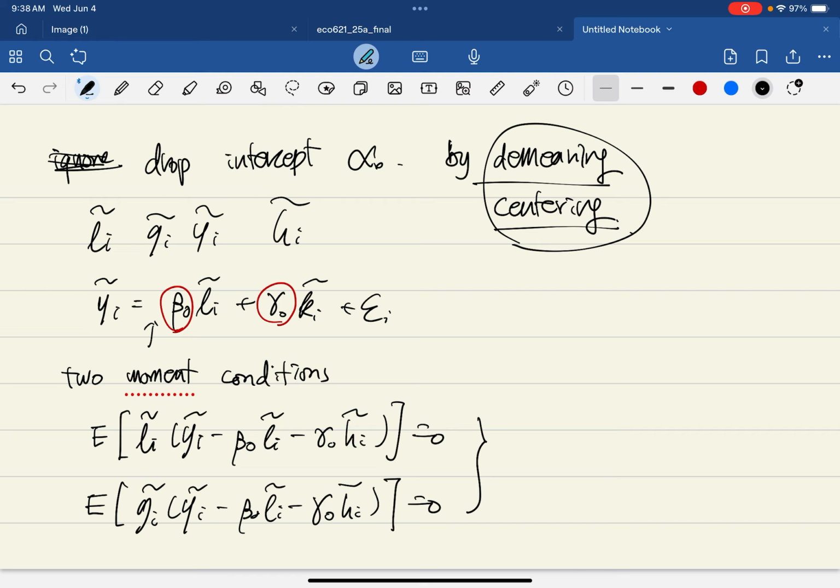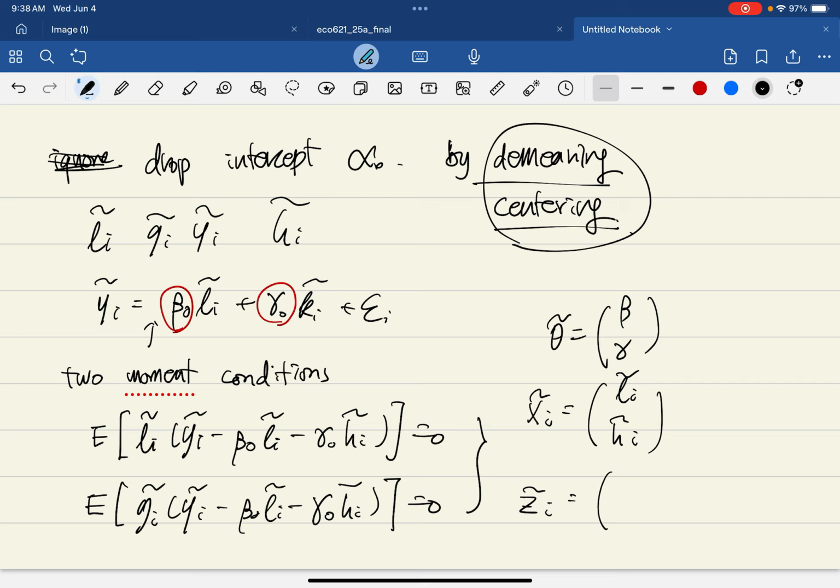And then again, in this case, you can define theta tilde as only beta and gamma, X tilde as only L tilde and H tilde, and Z tilde as L tilde and G tilde.